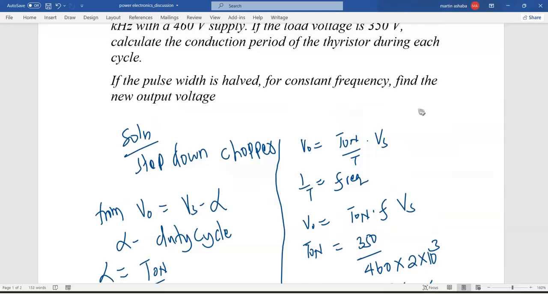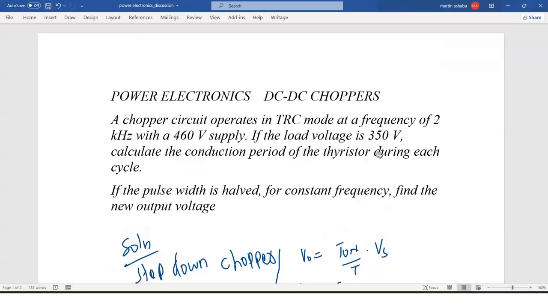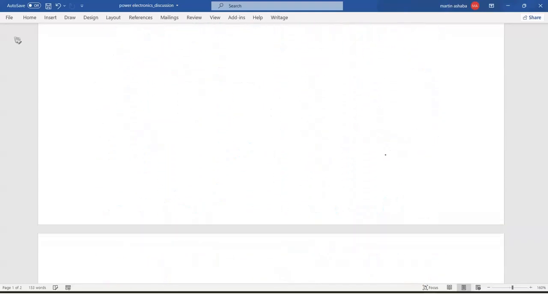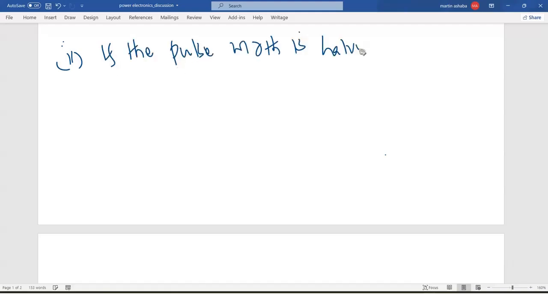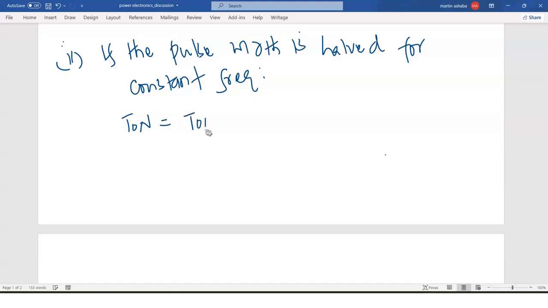Next we are told that the pulse width is halved for constant frequency. This is part 2. What does that mean? That means the new T on, the conduction period for this cycle, is going to be T on divided by 2.